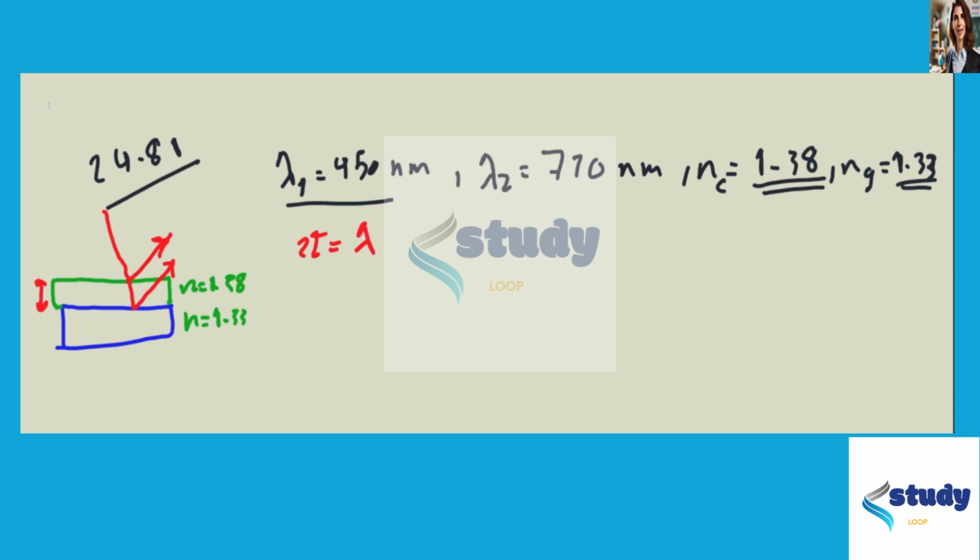When it's a multiple of lambda, these two rays will interfere destructively because they are out of phase. But actually, lambda here is different than the lambda in air because it's inside this medium, so it should be lambda over n.